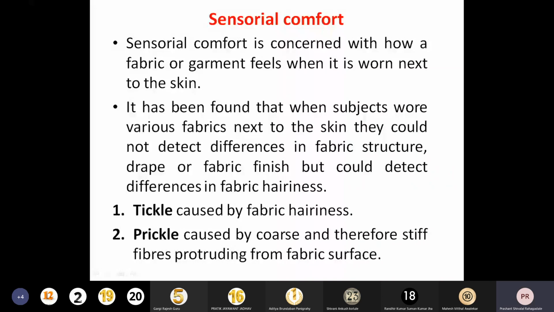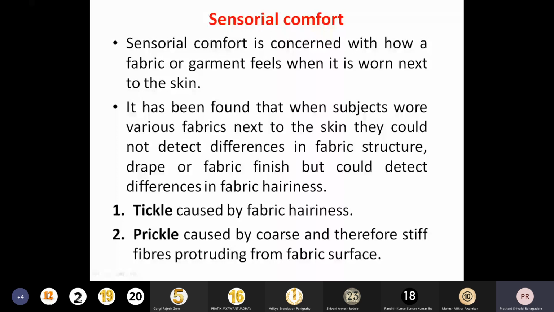Suppose your fabric is very rough, here I use hairiness. If your fabric has higher hairiness, two conditions: one fabric which doesn't have any hairs, another fabric which has very high hairs. If you wear that fabric, then your skin can detect, but your skin cannot detect other things like fabric structure or drape or finish which is applied. Our skin can only detect the fabric hairiness.